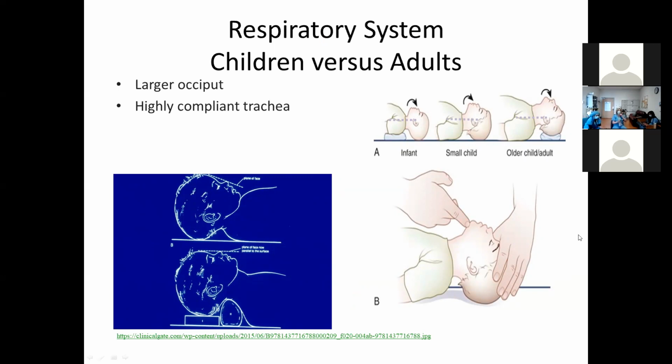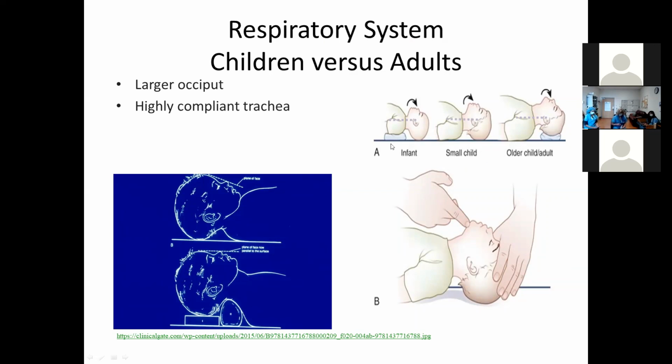So on a slide, you see the recommendations. How do we position the child in order to maximize the airway opening? As you know, in order to maximize the airway opening, we will position an infant in a sniffing position. For an older child, we put a blanket under the occiput, versus for an infant we put the blanket under the shoulders.